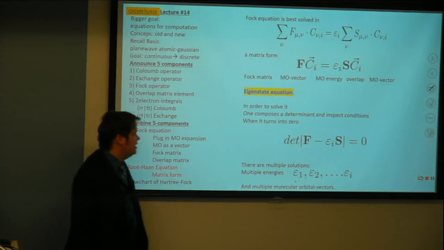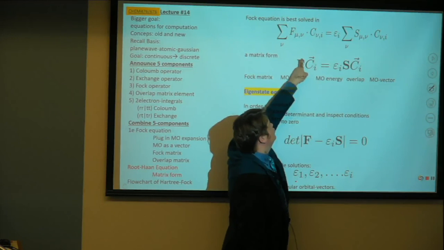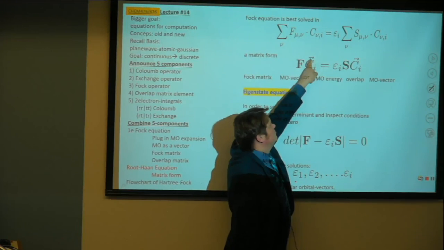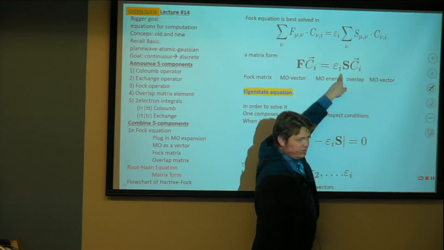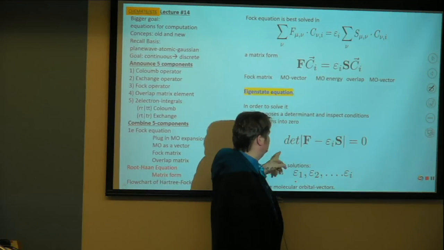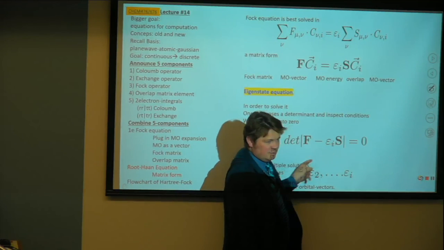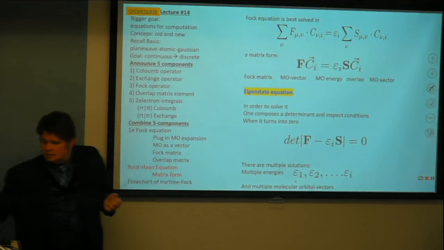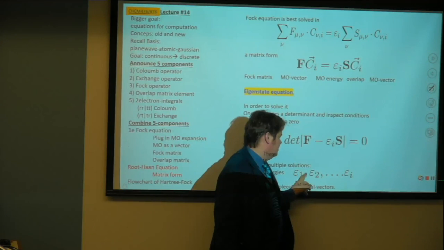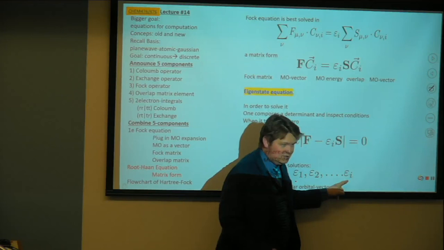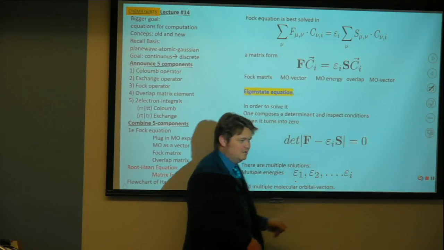If I hate writing many indices, I can use a bold symbol for the matrix, a vector symbol for the vector, and then this will be the Hartree-Fock equation. And if one needs to find these eigenvalues, take the determinant of this subtraction. That will give the set of molecular orbital eigenenergies we were using for the eigenstates in the last step.